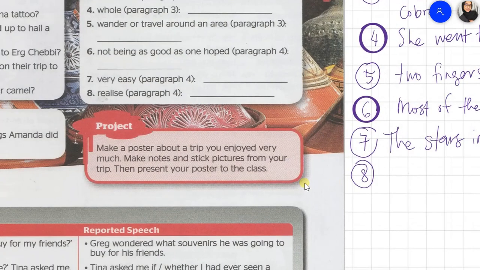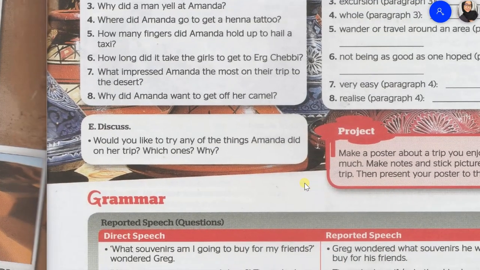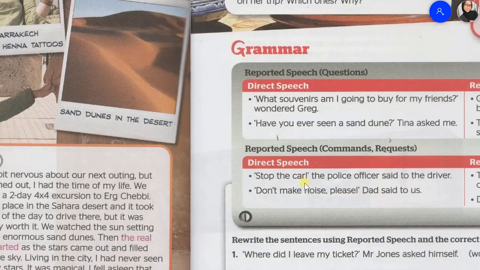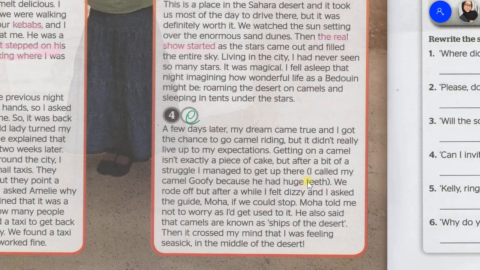Okay, the last one. What is the question? Why did Amanda want to get off her camel? Because she felt getting off, but after a bit of a struggle, I managed to get up there. We rode off, but after a while, I felt dizzy and asked the guide Moha if we could stop.